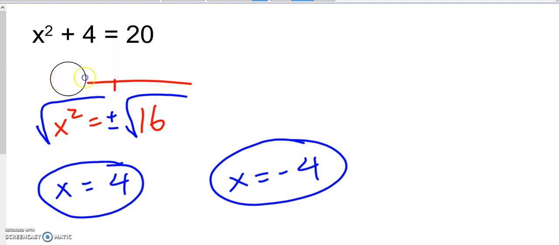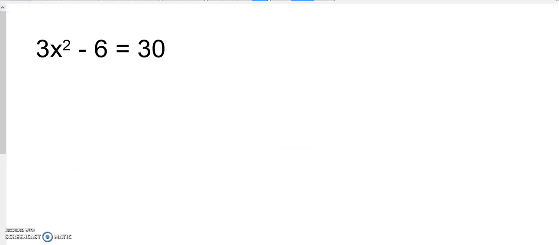We could still use the other ways too: graphing, or getting 0 on one side and factoring to figure out the zeros. So this is just one extra method we can use, and obviously which is best depends on what they're presenting to us.